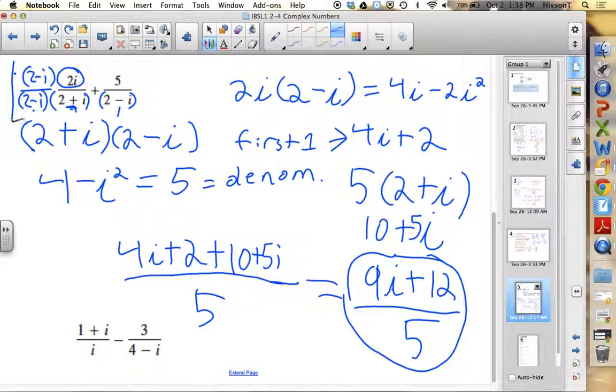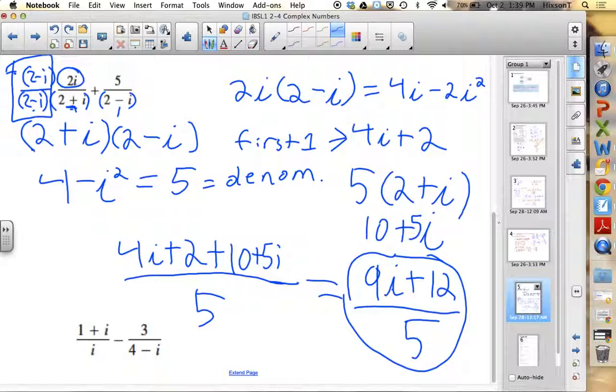Because remember, this is just 1. We're just multiplying by a form of 1. So this work right here is him figuring out what his first numerator is by multiplying 2i by 2 minus i. So pretty much you do each one individually and you just add them together? You can. Okay. You can.